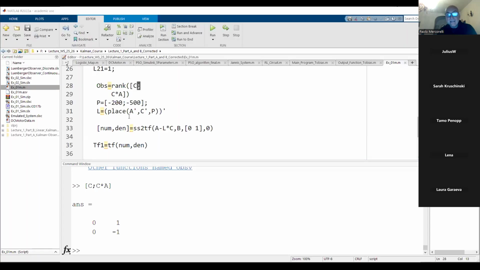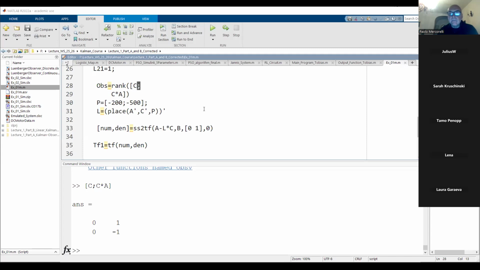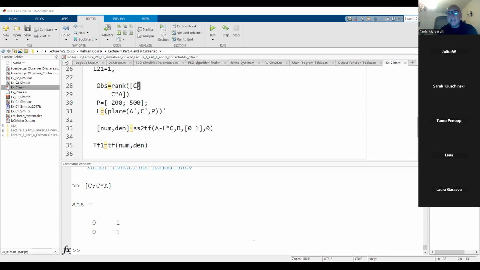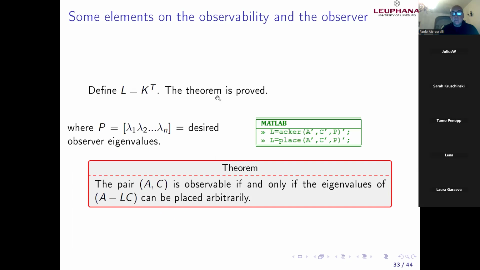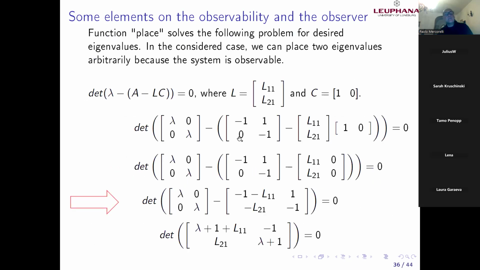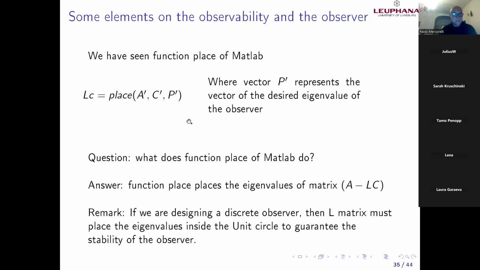Let me go ahead to conclude this now. The function place solves this. My idea was to clarify the function place, because for the project we don't need to do this calculation by hand. Do you remember last time we concluded almost on this point, in which I tried to explain some sentences related to the eigenvalues of the matrix A minus LC.